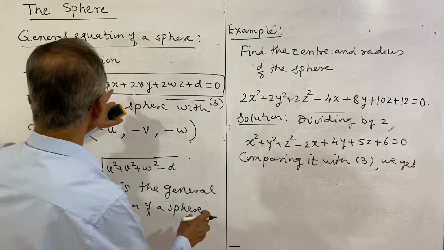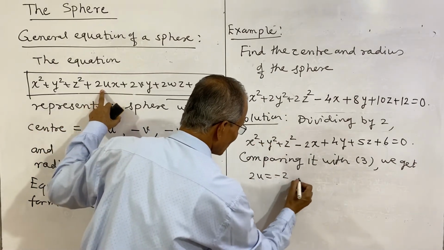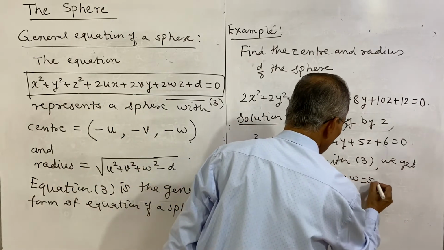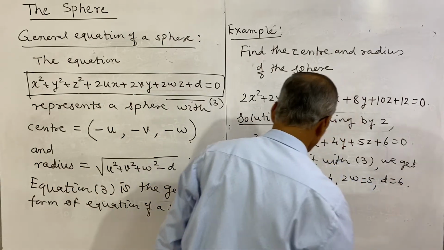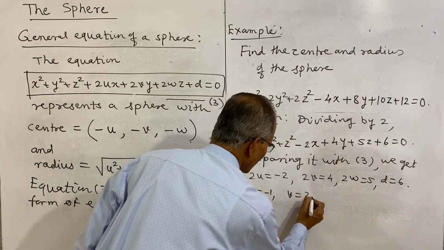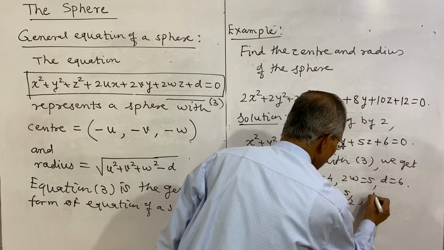See, 2u is minus 2, 2v is 4 and 2w is 5 and d is equal to 6. And from this, u is minus 1, v is 2 and w is 5 by 2 and d is the same.